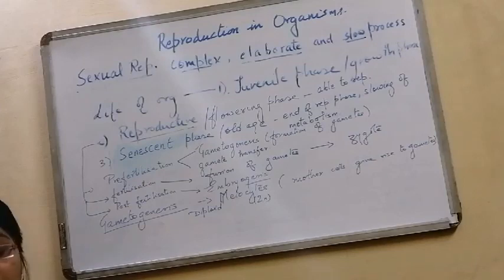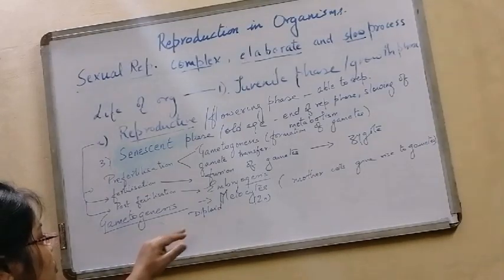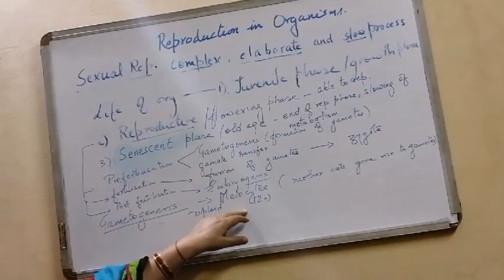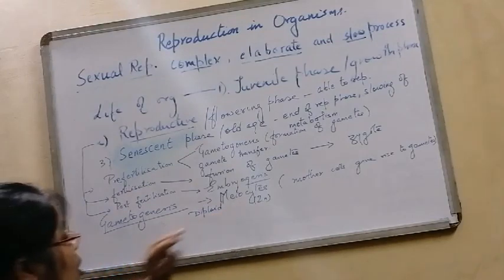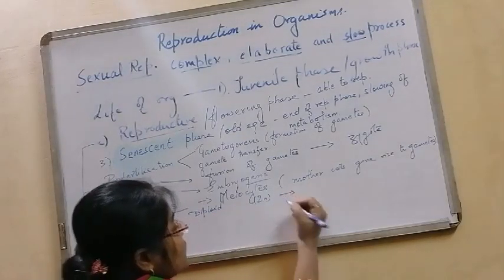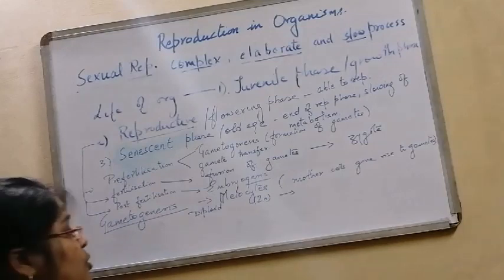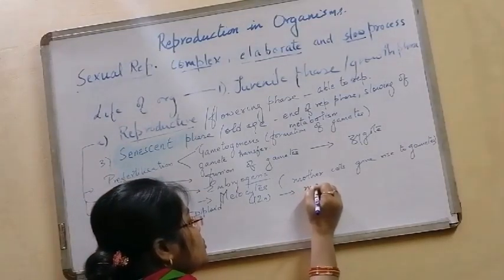Still, if these terms are not clear to you, please let me know, and I will prepare a video on this topic and share it with you. So if the meiocytes are 2N, that is, diploid, they go through meiosis.